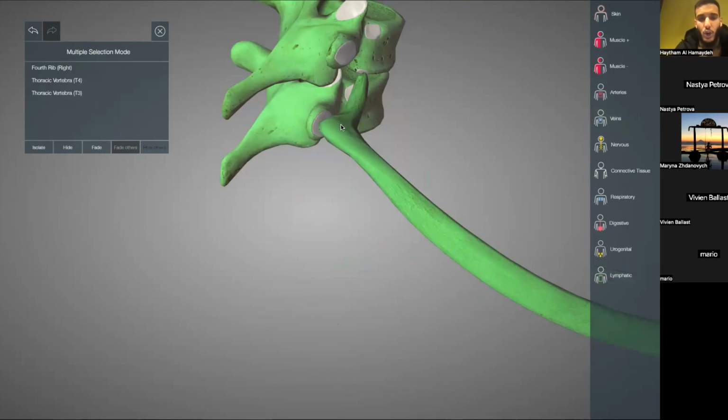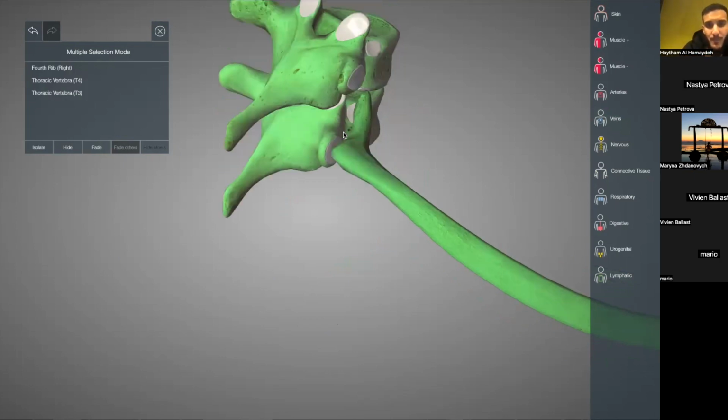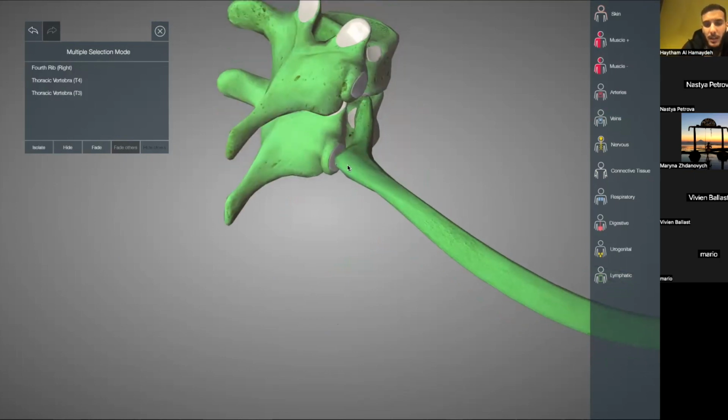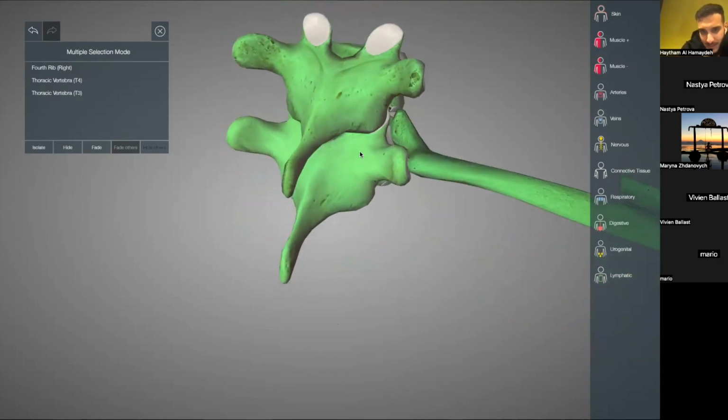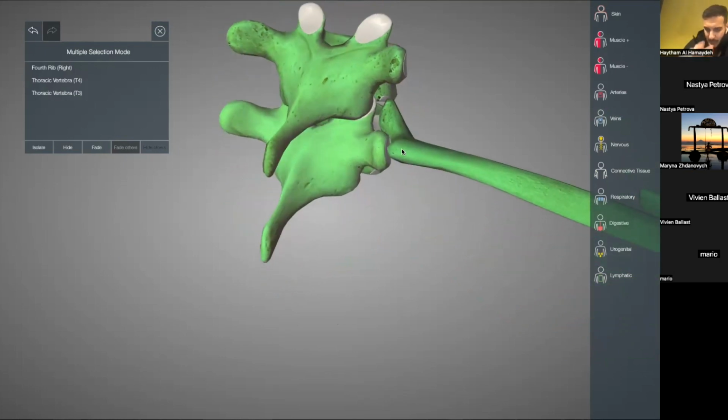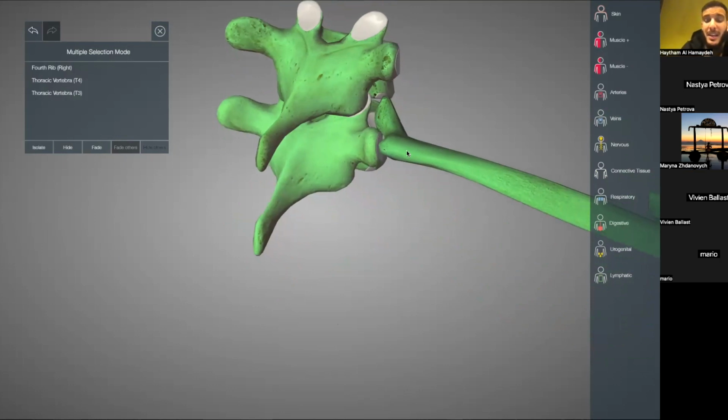So, costotransverse joint. Now, specifics. The tubercle is made up of two places, just like the head. The first place is the medial part. The medial part is the articulation part.